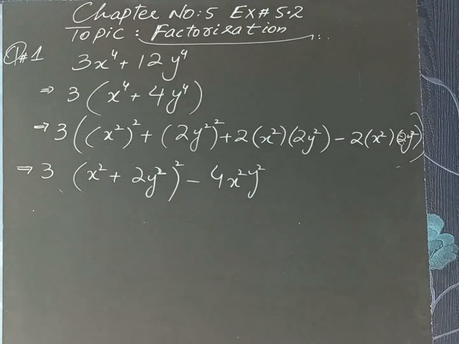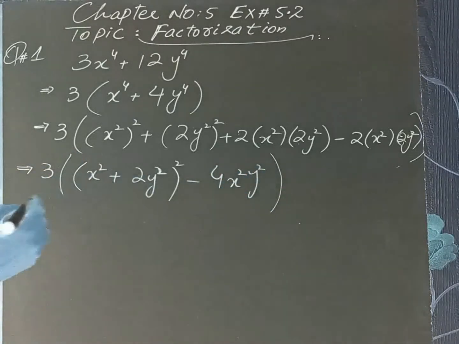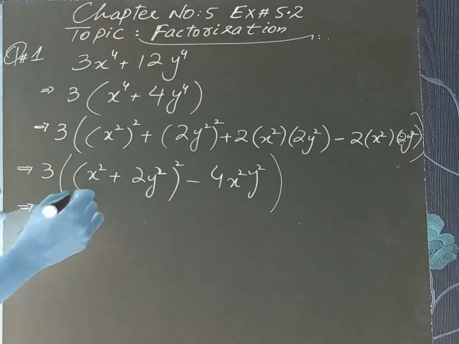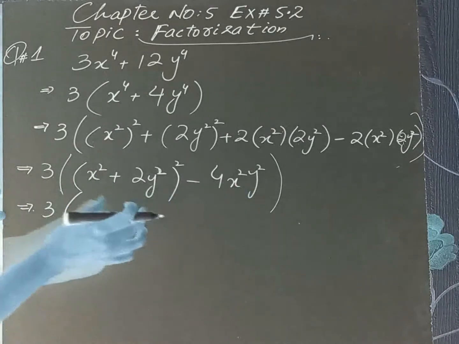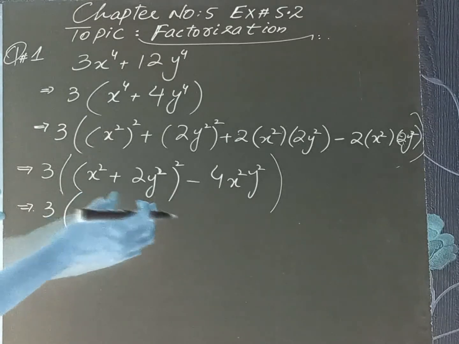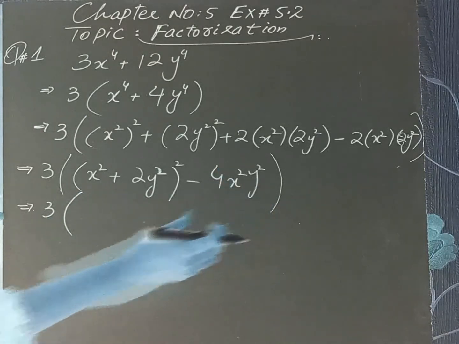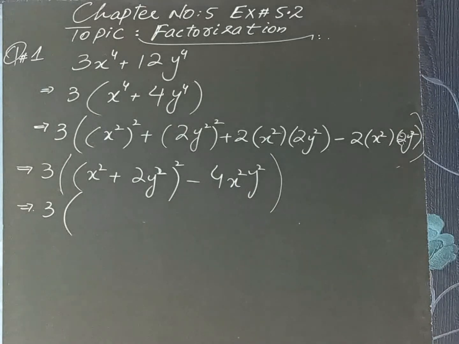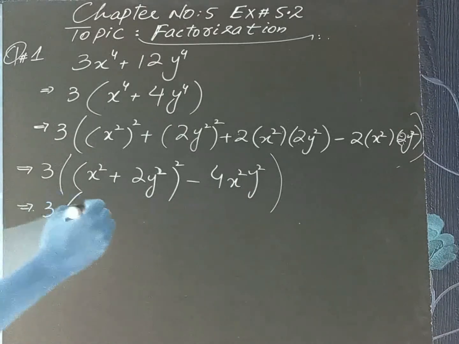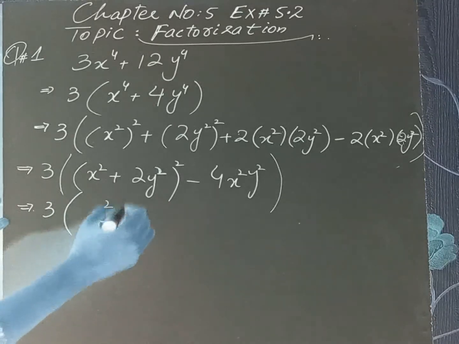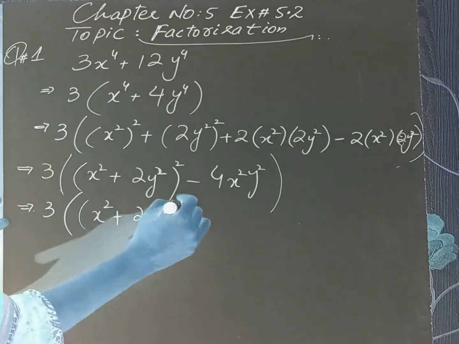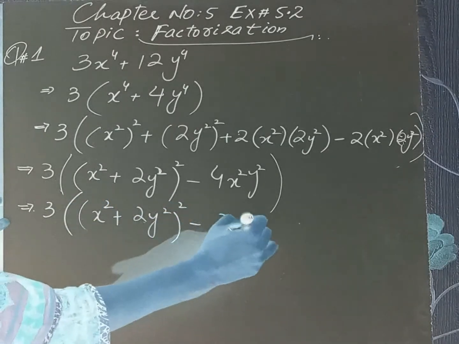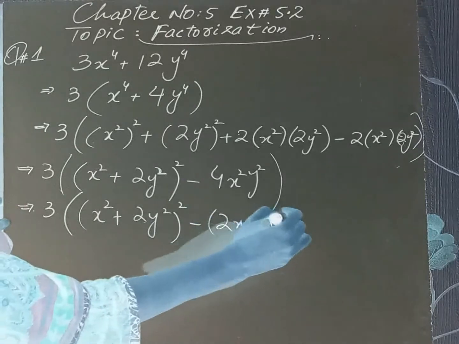Now you can see here that 3 is the common. That's why this 3 will be right outside. Here now are the two terms, and they both are the perfect square. This is the perfect square of x square plus 2y square. This is the perfect square of 2xy. So this is a squares minus b squares, which will be opened as a plus b into a minus b. So we will write this a squares minus 2xy squares.